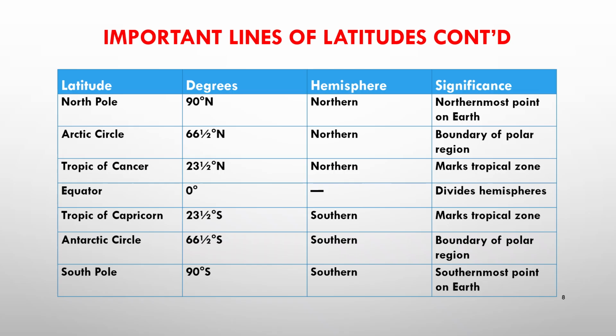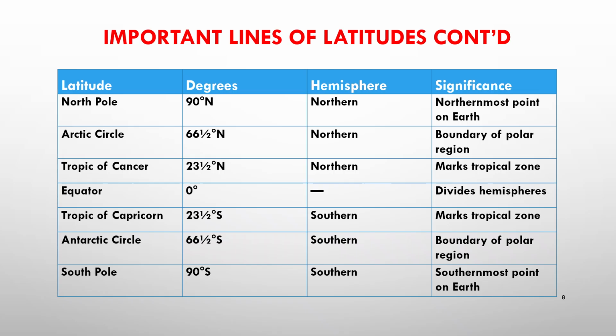The tropics, that is between the Tropic of Cancer and Tropic of Capricorn, receive the most direct solar radiation and are generally hot. The temperate zones lie between the tropics and the Arctic or the Antarctic Circle. They have moderate climates with distinct seasons.